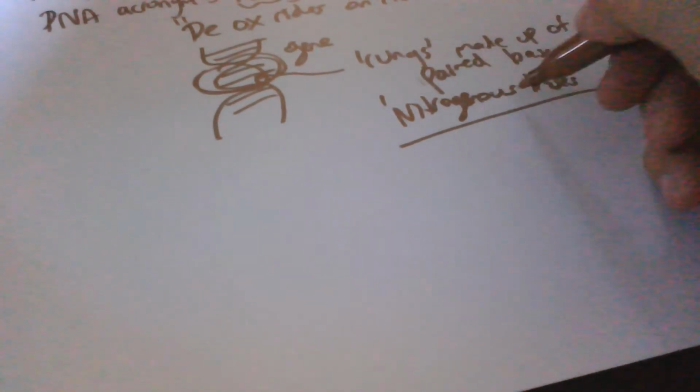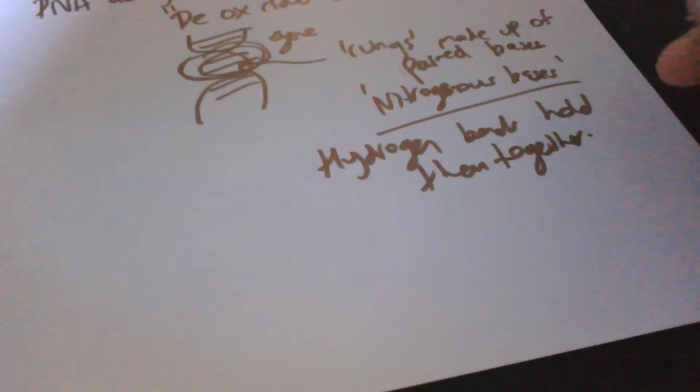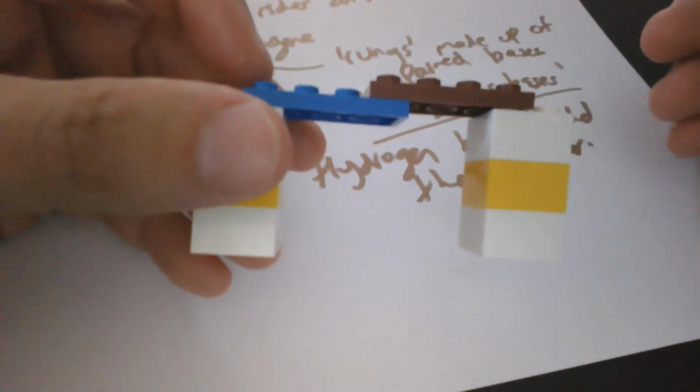Hydrogen bonds hold them together. So what's holding these two things together? Think of the click together as a hydrogen bond. These two are called nitrogenous bases.